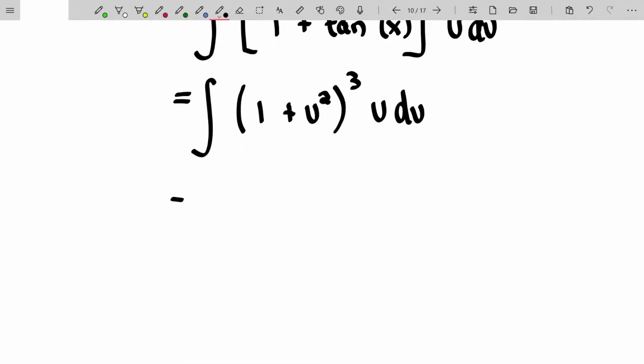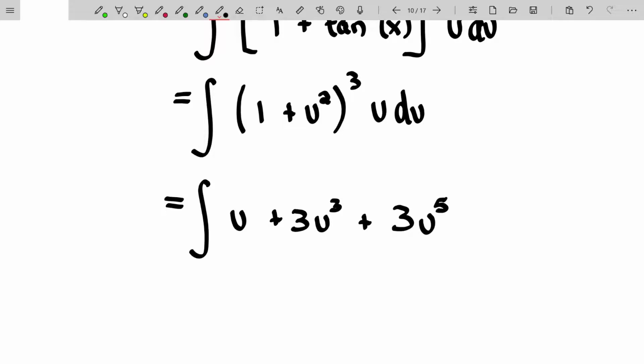If you were to multiply this out, you would get u plus 3u cubed. Sorry, I'm writing it as I'm computing it. Plus 3u to the 5th, plus u to the 7th, du. Okay.